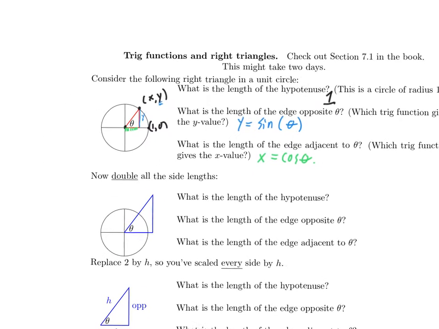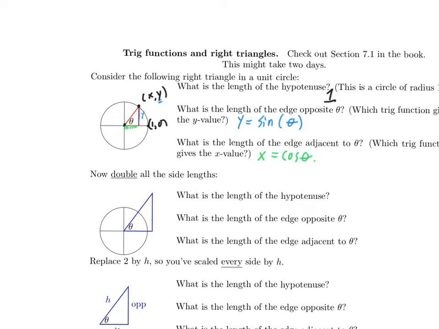All right, now I want to rescale this triangle. What if I rescale this triangle and double every side length? Now suddenly this side has length 2. This side length is now 2 times cosine theta. This side length is now 2 times the sine of theta.